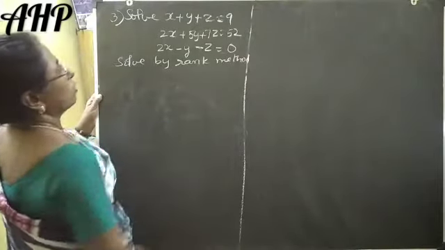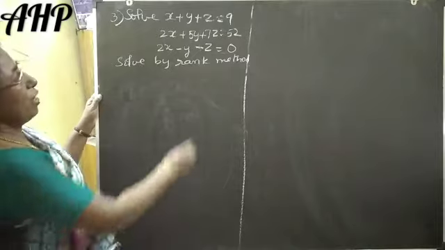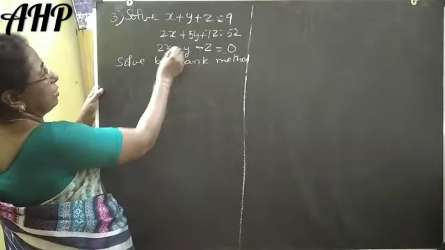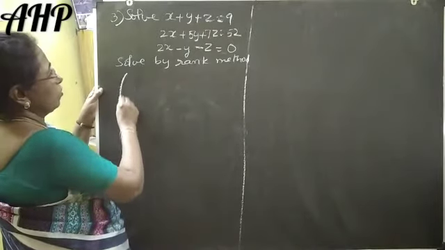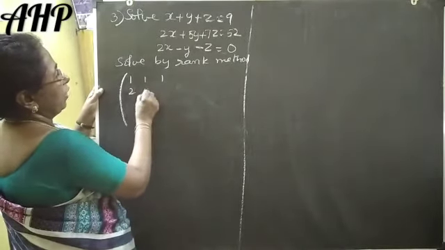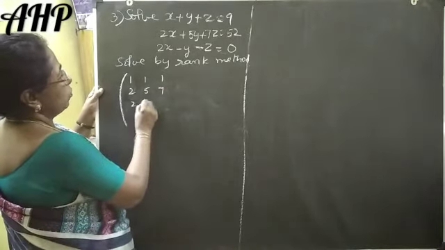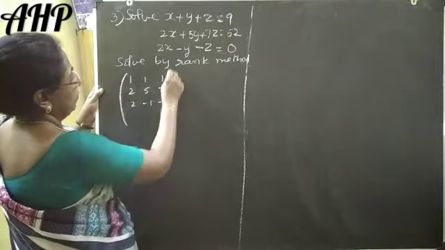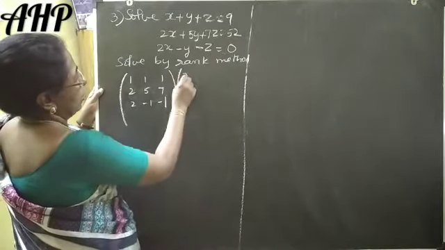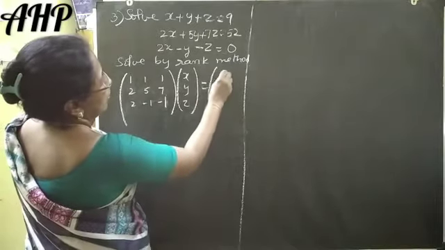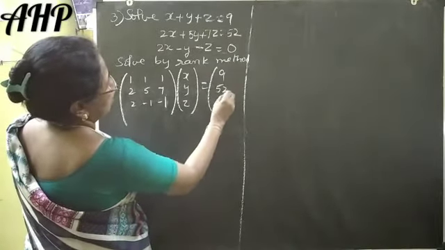Since we are asked to solve this question by rank method, we are going to write this in the matrix form. So writing this in matrix form, this is going to be 1, 1, 1, 2, 5, 7, 2, minus 1, minus 1, into x, y, z is equal to 9, 52, 0.